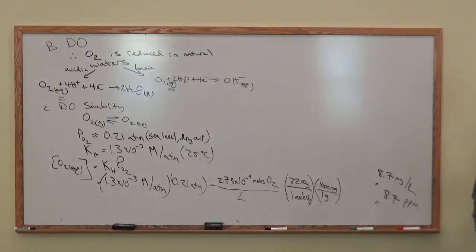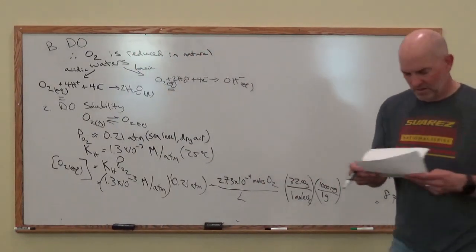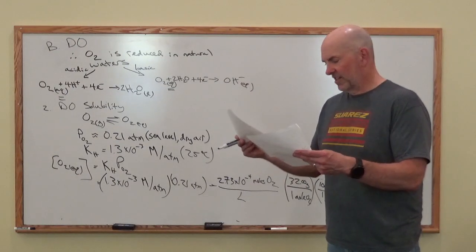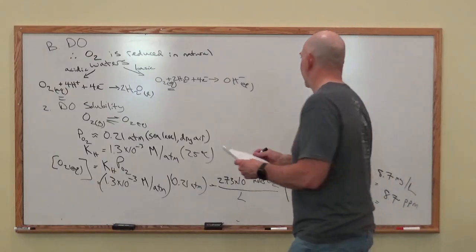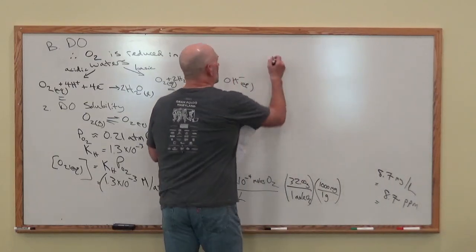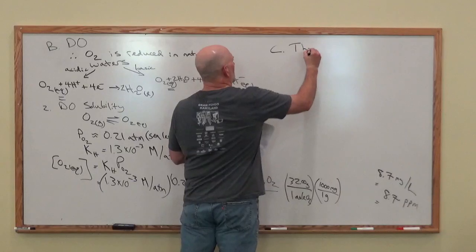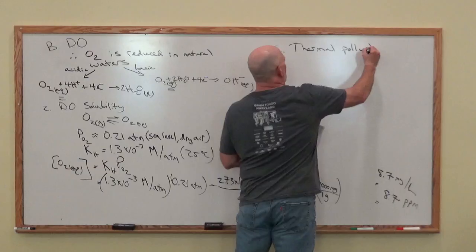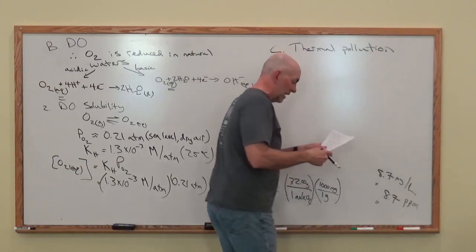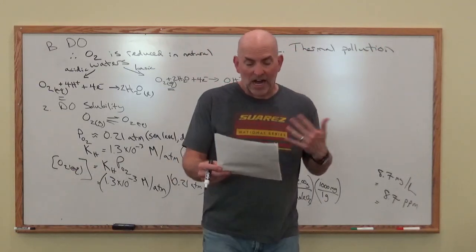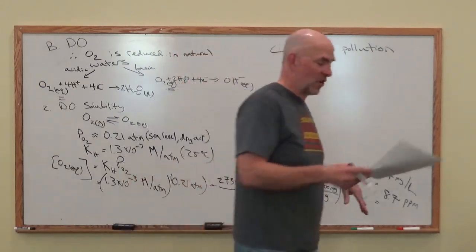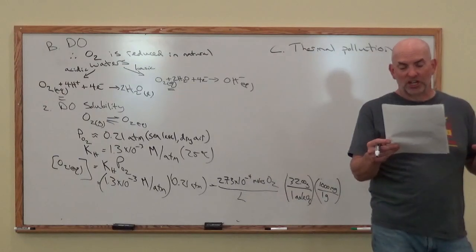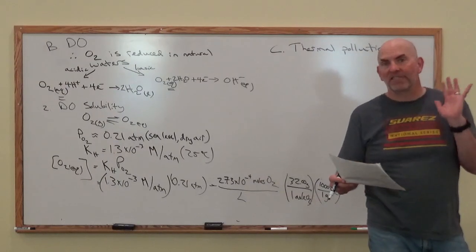And the last thing I'm going to mention here is a conceptual problem. I'm just going to read the question rather than write it down. At what temperature is the concentration of oxygen about 5 ppm?